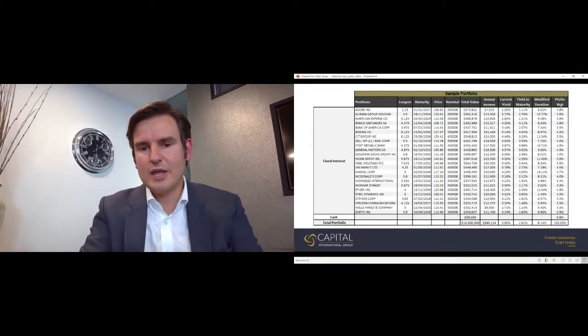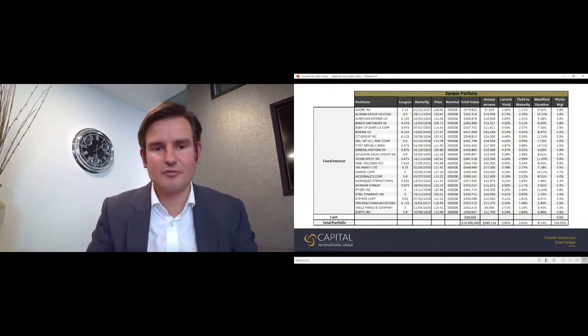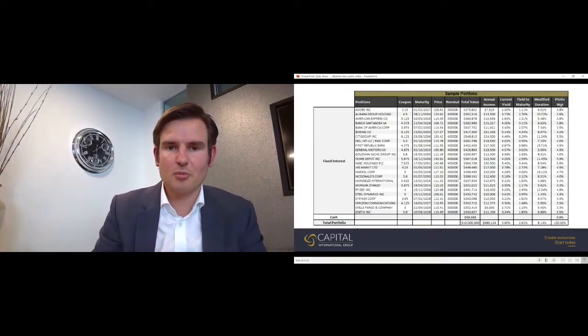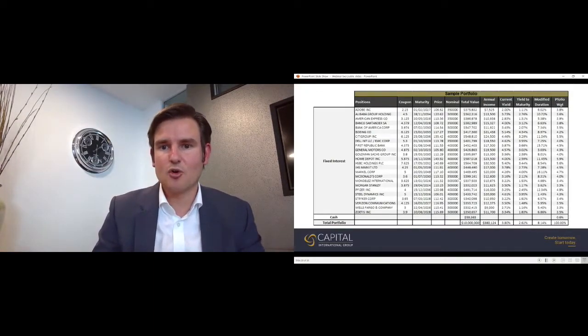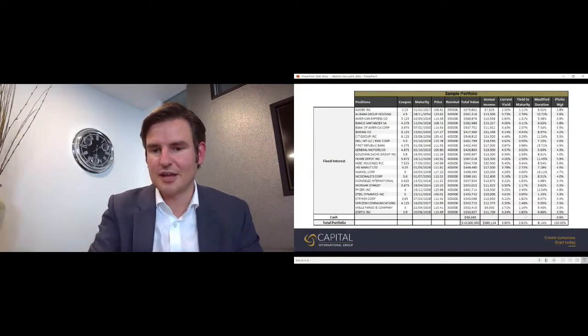So what we have here is a basket of 24 corporate bonds, and what we're including in there is investment grade corporate bonds. We're looking to achieve, and you'll see the bottom right hand corner, a yield somewhere around 2.5%.